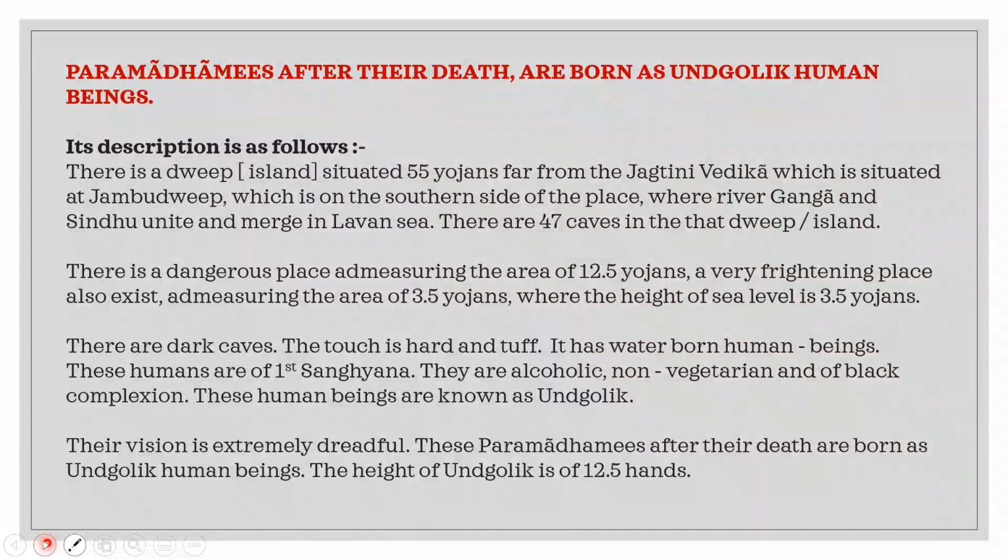And these human beings are known as Angolic human beings. So these Angolic human beings are extremely scary, extremely dreadful. And all the 15 types of Parmadhamis, when they die, they are born as these Angolic human beings. And these Angolic human beings have 12.5 hath height. So their height is 12 and a half feet.